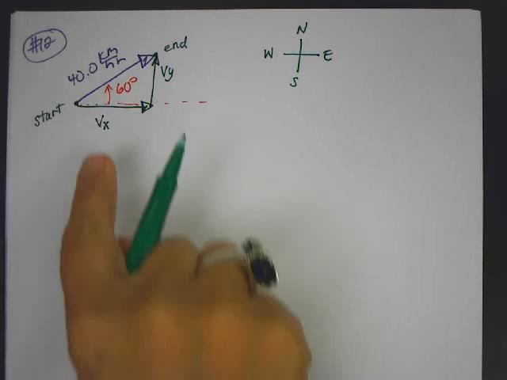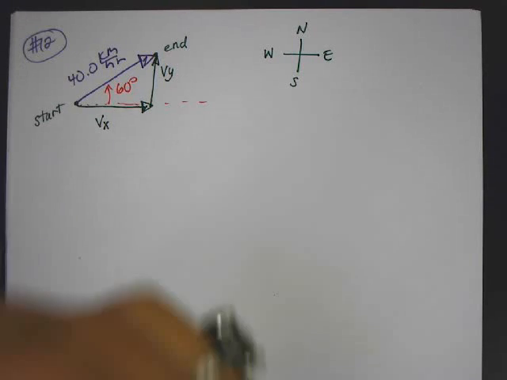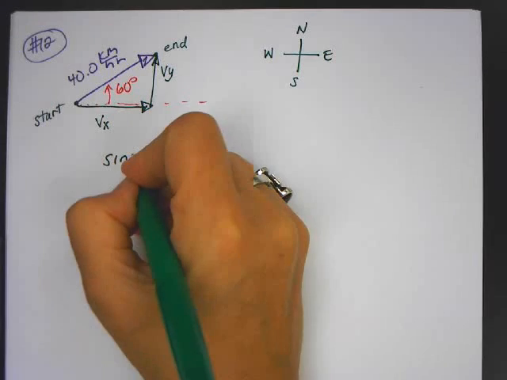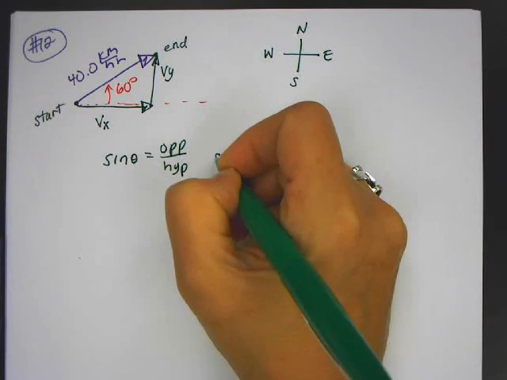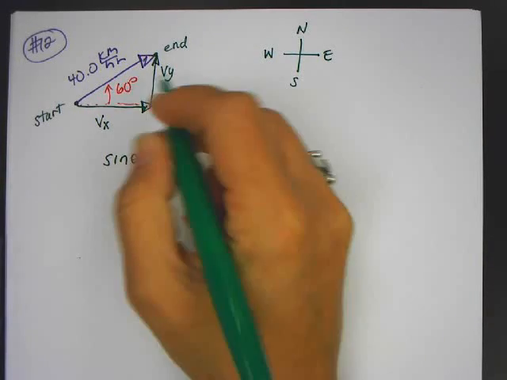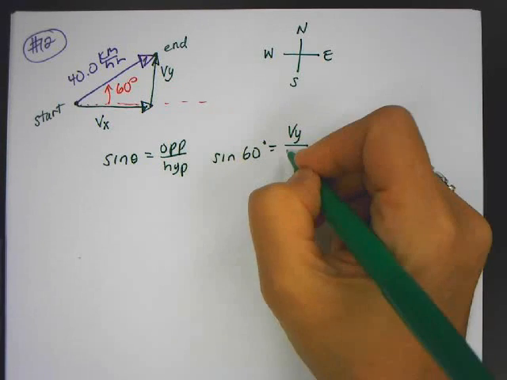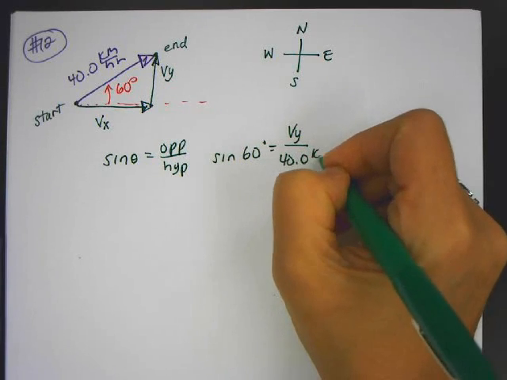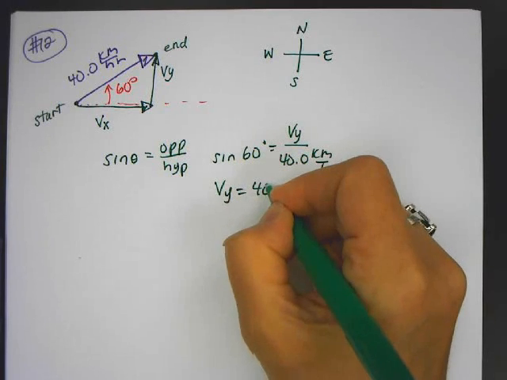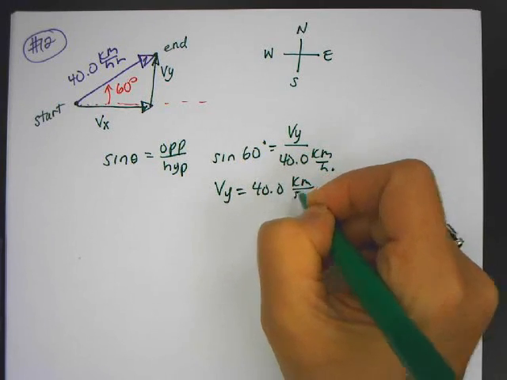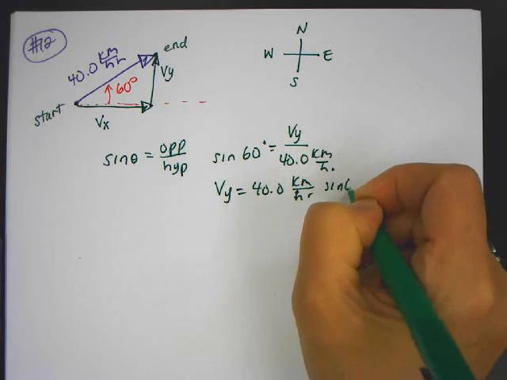Now to find what these are, sine, cosine, tangent, I'll just write my sine out. Sine of theta is opposite over hypotenuse. So sine of 60 is opposite, which is v sub y, over the hypotenuse, which is 40. So Vy is equal to 40 times the sine of 60.